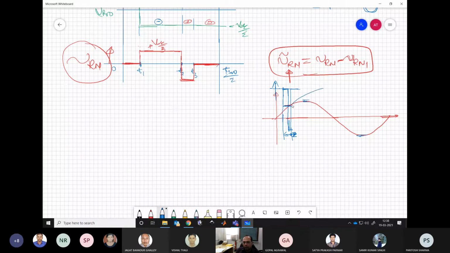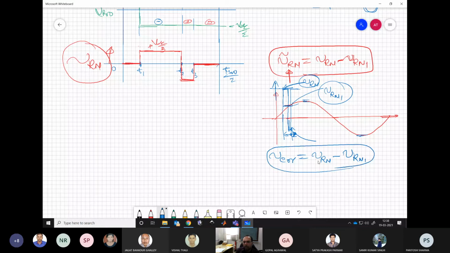We have the VRN1 value over here, whereas what we are actually applying is first this and then this, which means there is some error between what we are trying to realize and what we actually have in the system. We need VRN1, this average value over here. Let me draw it with some green color.